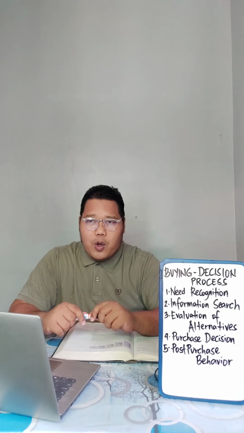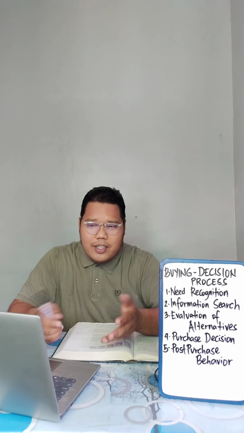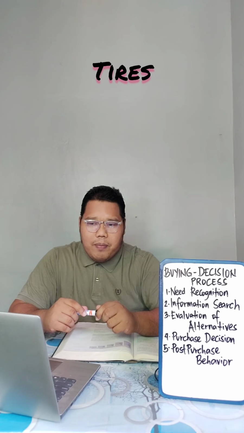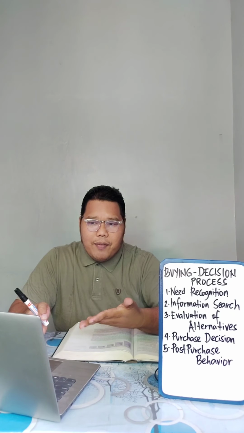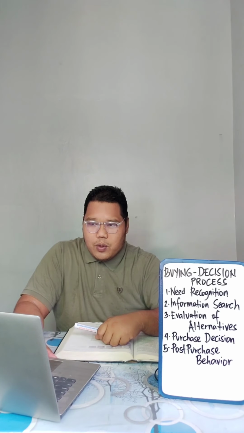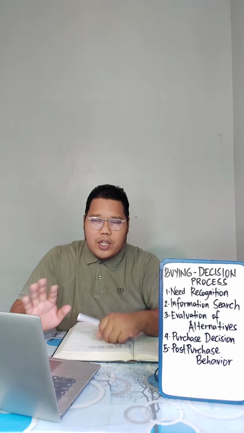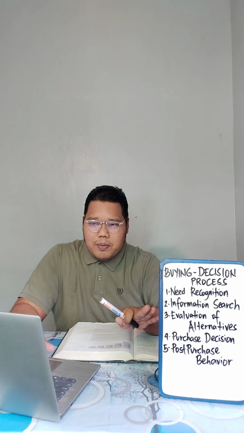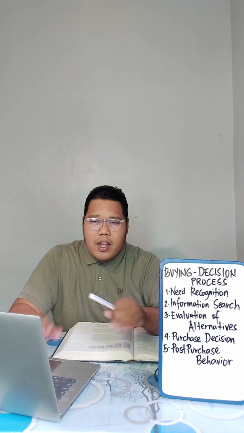For example, if you are going to evaluate tires, it may be in the form of safety evaluation, tread life evaluation, the quality, or the price, of course. So those are the evaluation of different products and services on evaluation of alternatives.